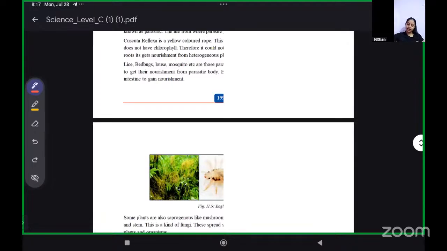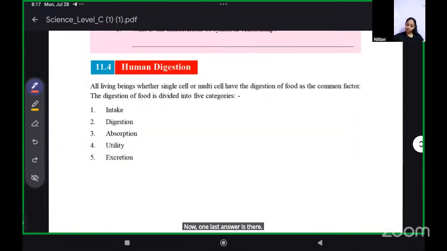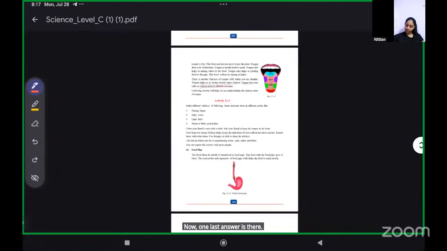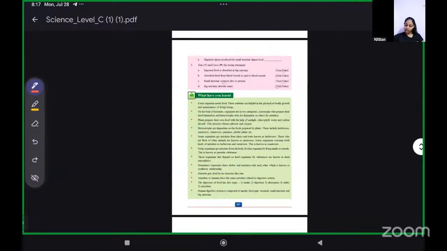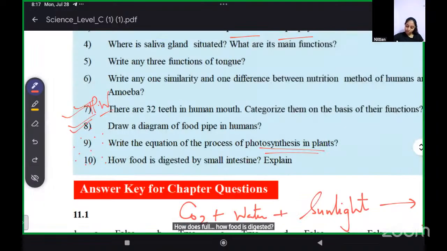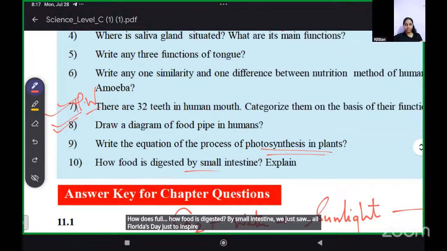Now, one last answer is there. How is food digested by the small intestine? We just saw how food is digested in small intestine. Anybody wants to share?